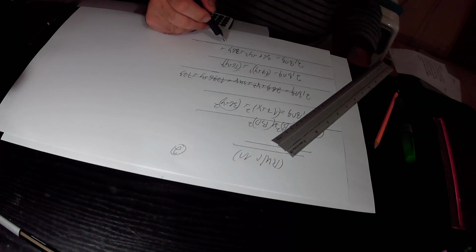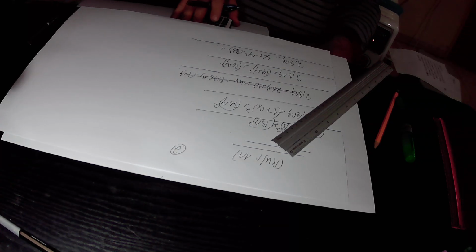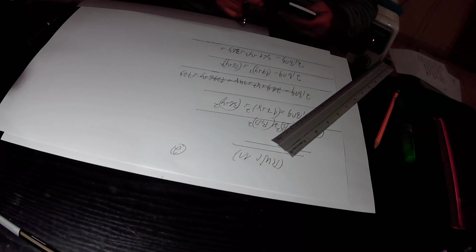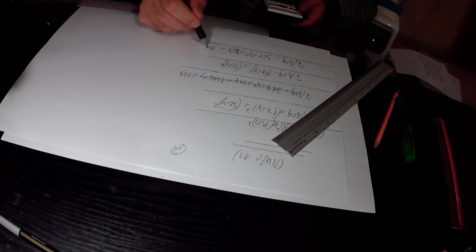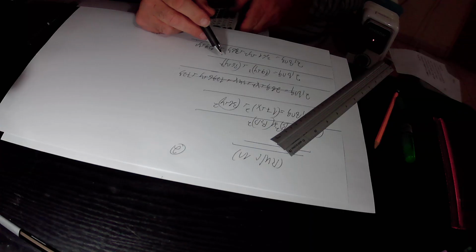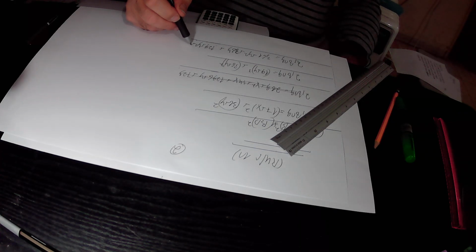This is actually equal to 1296, plus Y squared, plus 2 times Y times 36, that is 72Y.